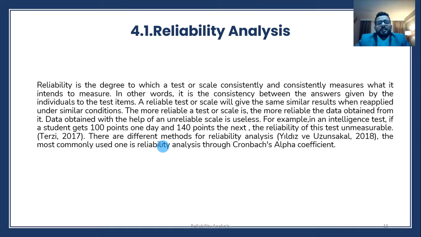For example, if a student gets 100 points one day and the next day gets 140 points, the reliability of this test is unmeasurable. And there are different methods for reliability analysis. The most commonly used one is reliability analysis through the Cronbach alpha coefficient.